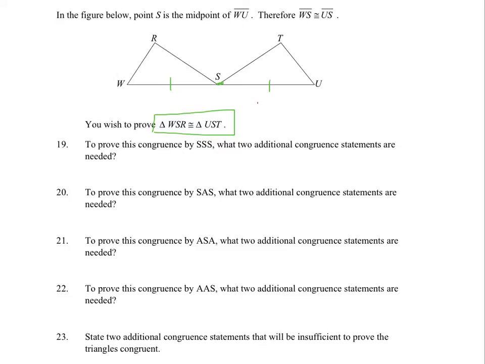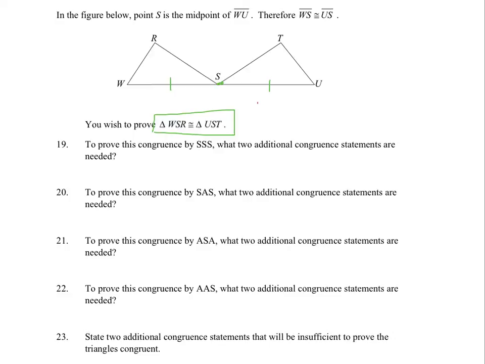So number 19 says, to prove this congruence by SSS, which is side, side, side, what 2 additional congruent statements are needed? Well, we already know that this side's congruent to this, but to prove it by side, side, side, we need to prove that this side is congruent to this side, and this side is congruent to this side.